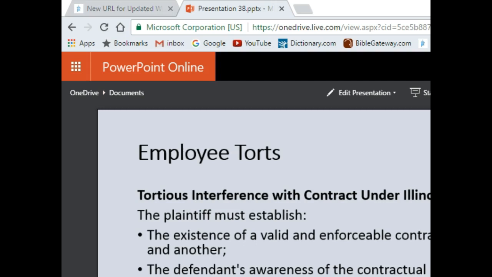Next bullet point would be a subsequent breach by the other caused by the defendant's wrongful conduct. In other words, where the contract has indeed been terminated based on the unlawful interference. And then, of course, damages must be established for there to be a tort.